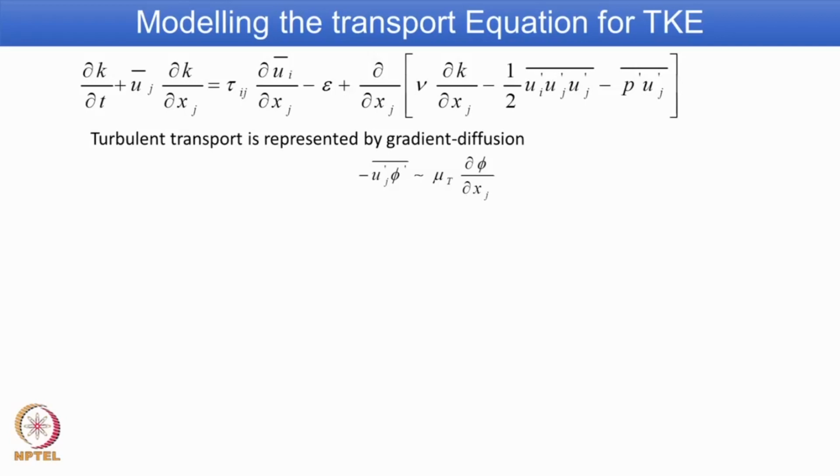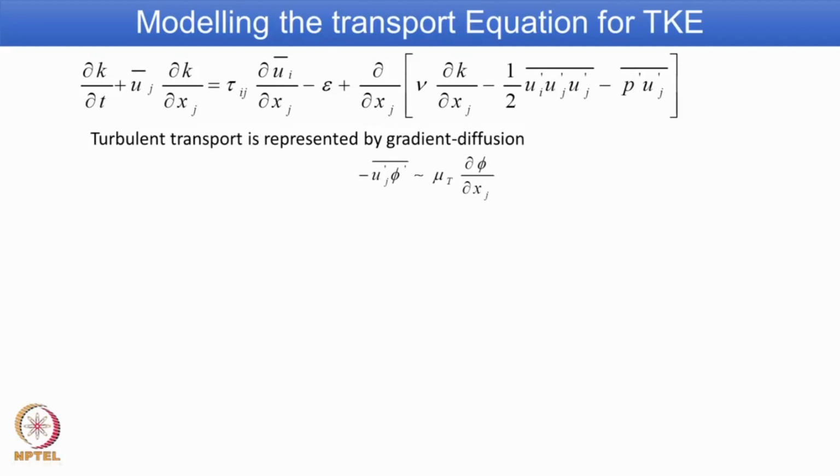So, turbulent transport first. Turbulent transport is the second term in the fifth term, the term that I am showing here. So, u_i' u_j' is a Reynolds stress, and that is transported using the third quantity u_j'. That is the way this term should be interpreted. I repeat again, u_i' u_j' is a variable in this equation.